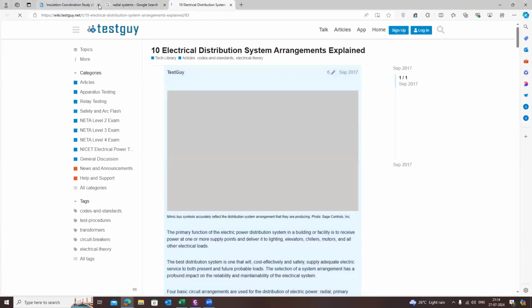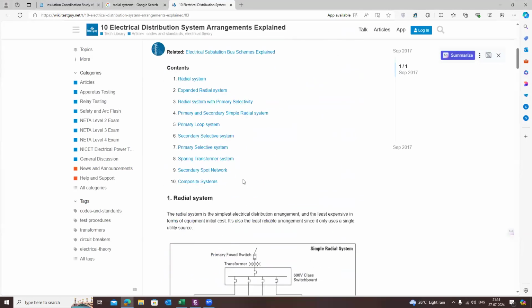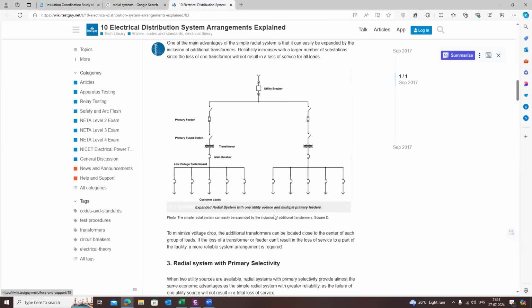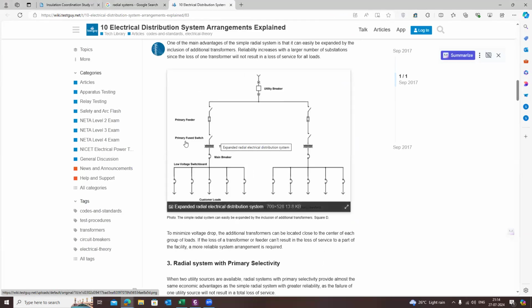This is the simple example of the radial system, right? So what is the radial system? This is the typical example of the radial system. Here, each bus is connected to another bus through only one path.